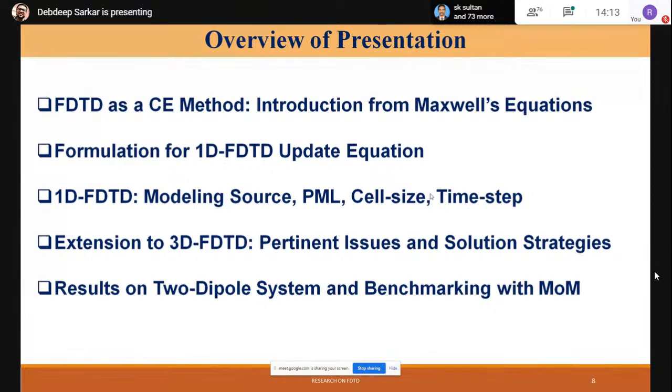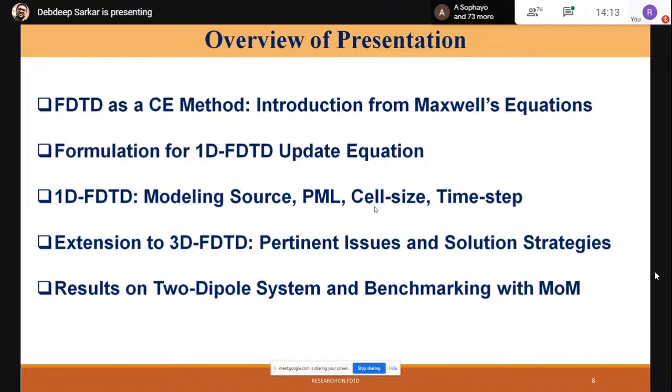So I'll try to discuss more and more about it, and that's why I have planned these parts, like how to formulate the one-dimensional FDTD update equations, how to model the source, the concept of PML, that is perfectly matched layers, and while modeling the different aspects, how to choose the cell size and how to choose the time step.